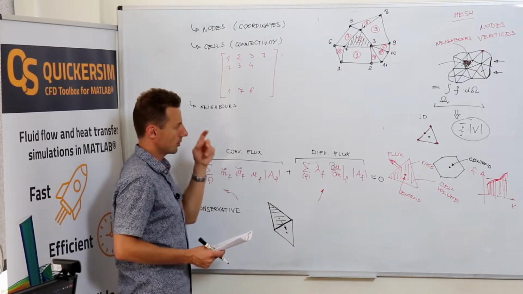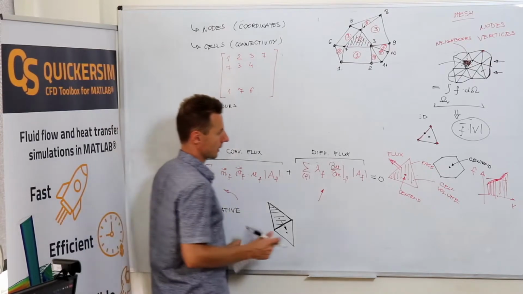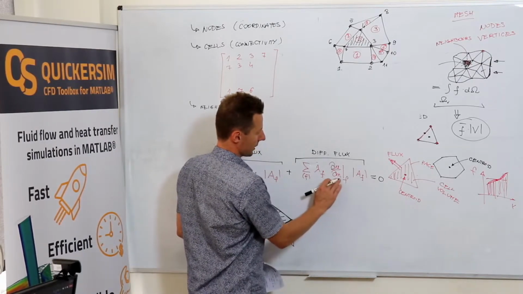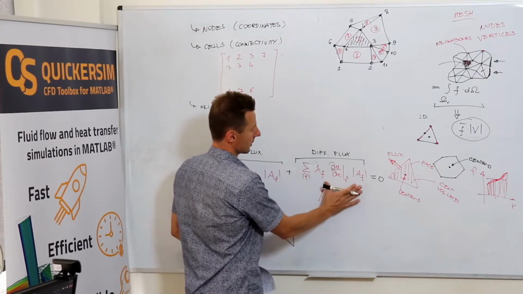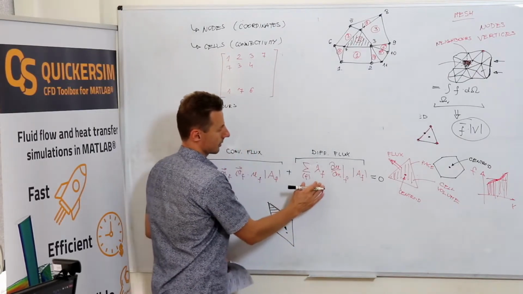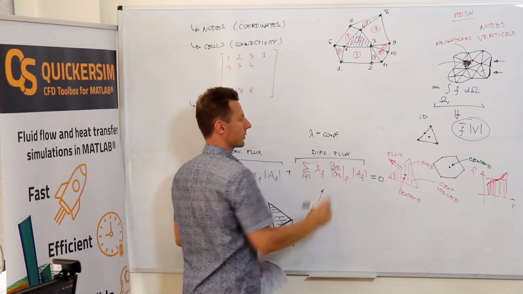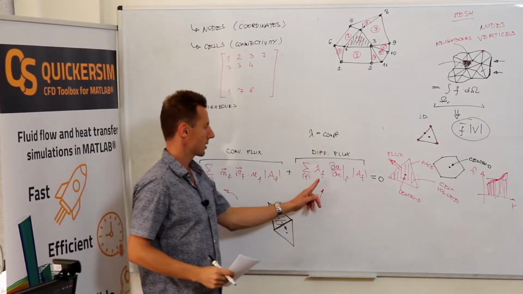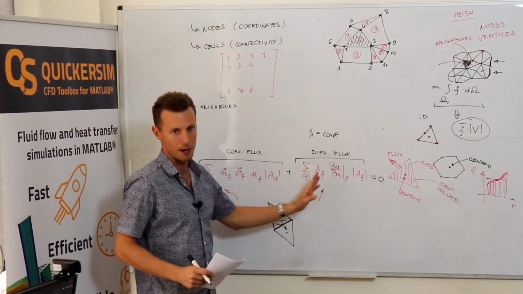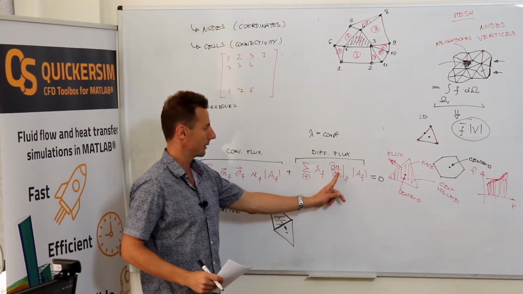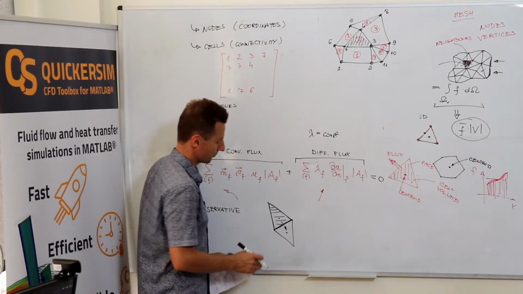But to be honest, not only, because right now let's have a look at this diffusion flux. And let me assume for a minute that lambda is constant in your whole simulation. So lambda at the face is simply lambda. We need to calculate this gradient du/dn.